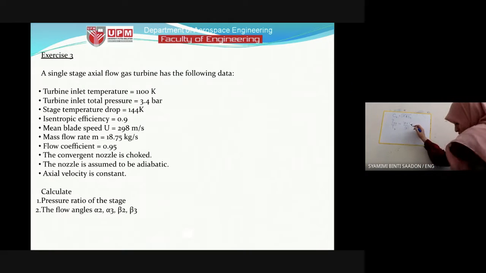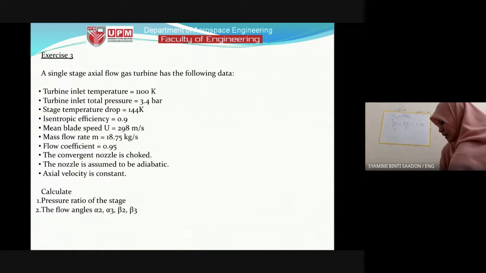So this one, gamma plus 1 over 2, we get 1.165. So we have T2, and we get T2 equals 944.2 Kelvin.